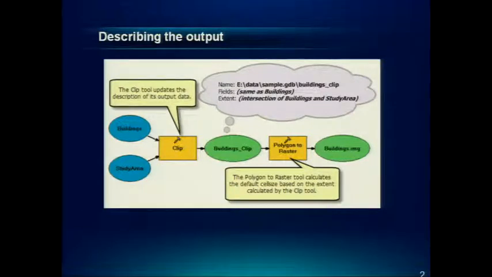Its extent, though, is going to be the intersection of buildings and study area. So I may be cookie cutting buildings, or over here I'm going to cookie cut the study area on top of it. Just that little piece is the extent. And it's important I do that because the next thing I'm going to do is go to the Polygon to Raster tool, and Polygon to Raster is going to calculate a default cell size based on the extent. So we want all that stuff to work well. So that's describing the output.